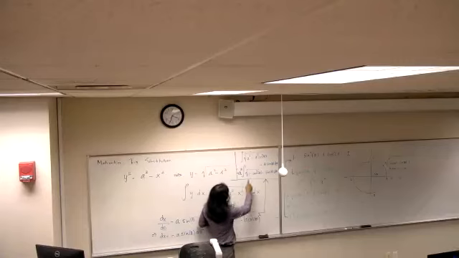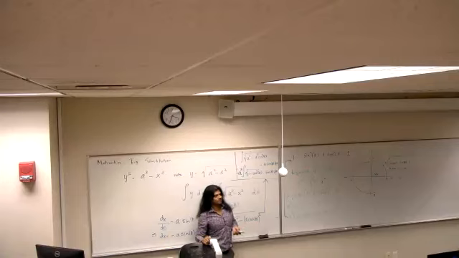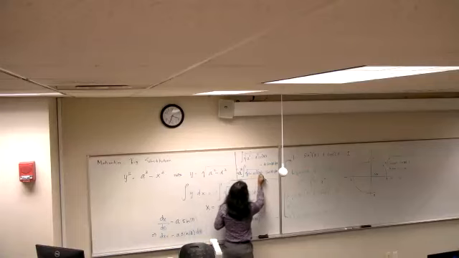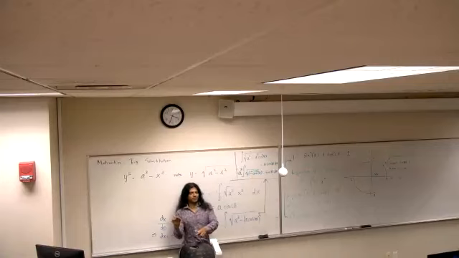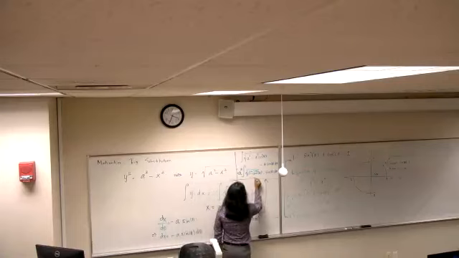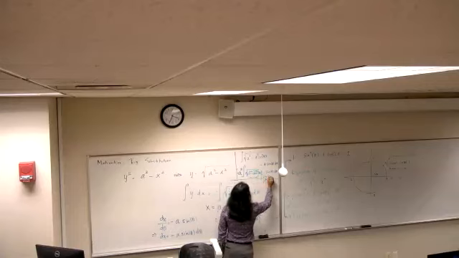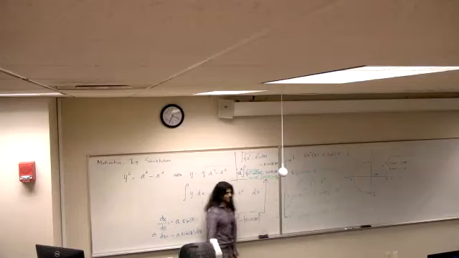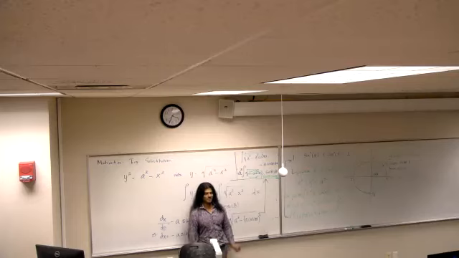Good squeeze of thinking. 1 minus cosine squared theta is sine squared theta. What is the square root of sine squared theta? Sine theta, okay. Minus a squared integral sine theta d theta. Right? That is a trigonometric integral.